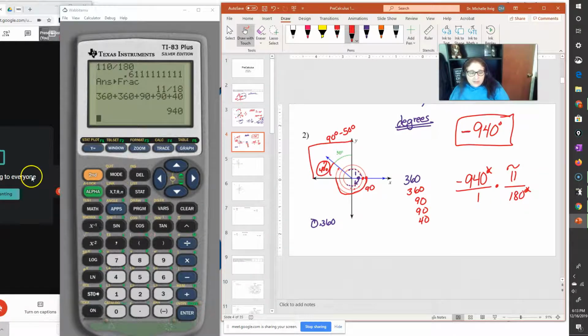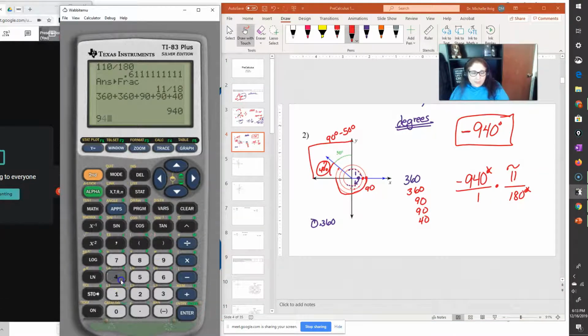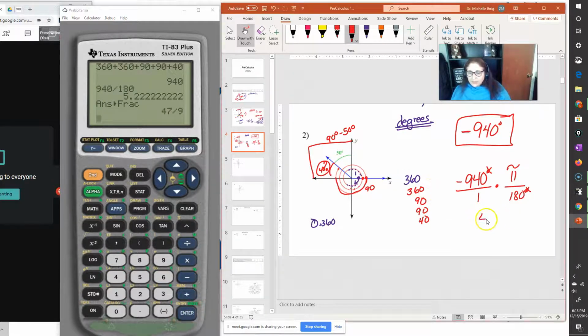Then I just go back to my calculator, and I do, well, what's 940 divided by 180? I get a decimal. So I hit Math, fraction, enter again, and I get 47 over 9. I've got my pi, and again, I know it's negative because I start going down.